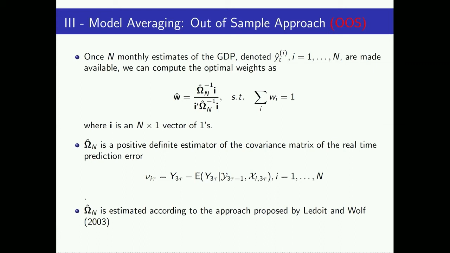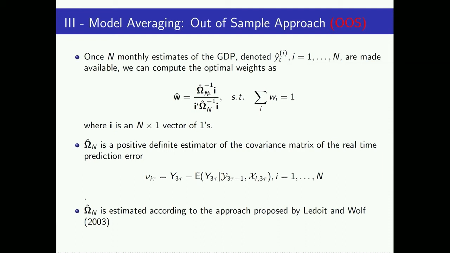Okay, and in particular, we construct the weights in a way that they are proportional to their prediction error. Larger is the prediction error, lower is the weight that the indicator receives.